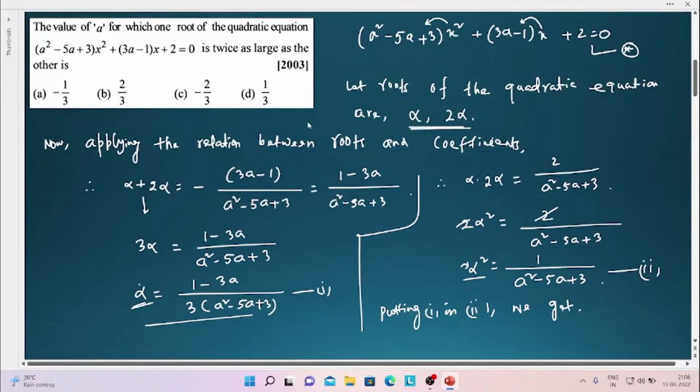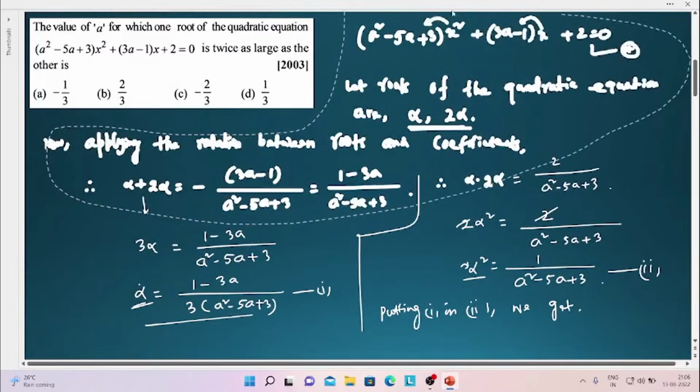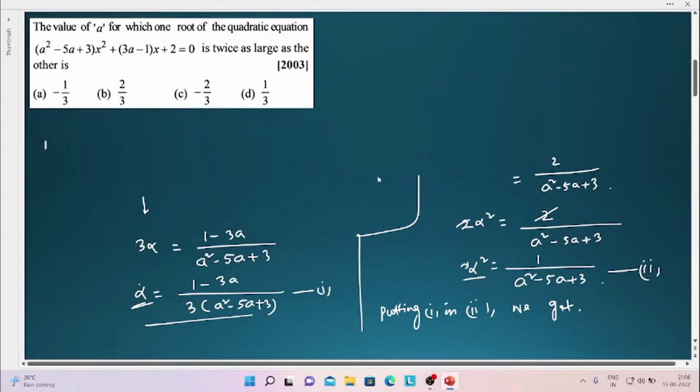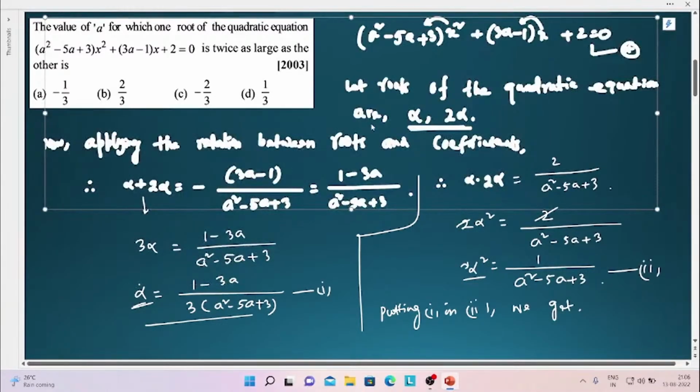Let me wait a few seconds so that you can write all these things down. Let me erase that part, so maybe we'll have more space. Wait a second, please.